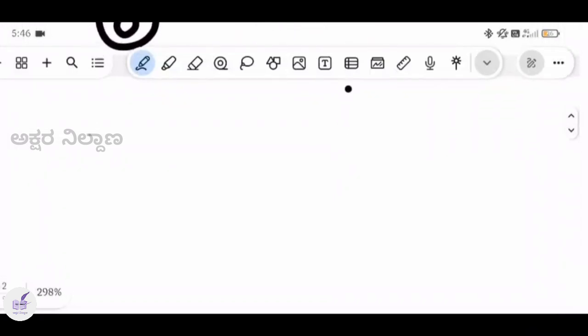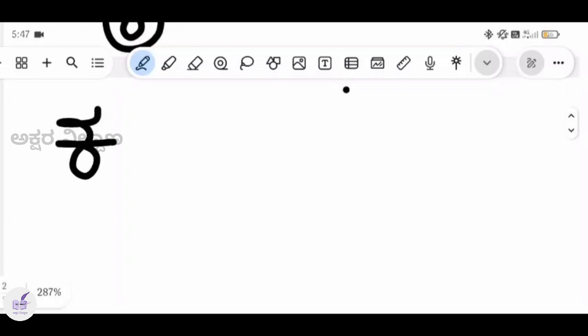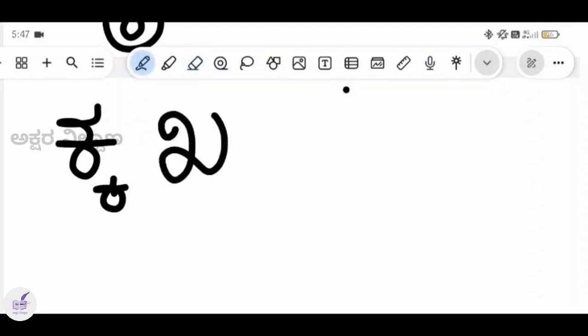Ottaksharas are written only for the consonants from ka to la. Now we'll see. This is ka, our consonant ka. Kage, kavattu. In the same way, we will see the next letter kha.